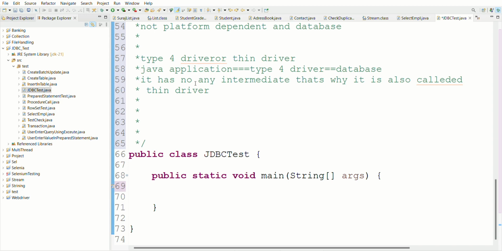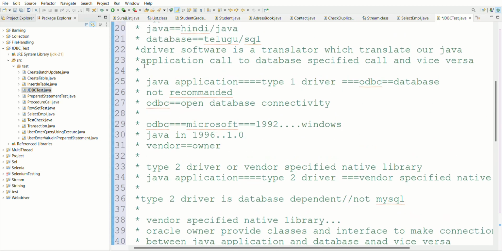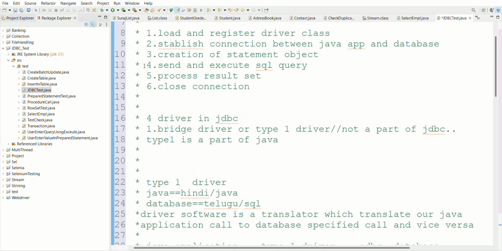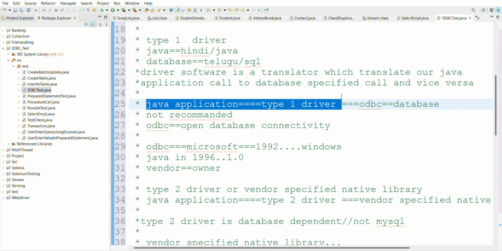Got it? That's why the type 4 driver is known as the thin driver, because here you can see there are only 3 layers. Only 3 things are required: Java application, type 4 driver, database. Now count from the start. Java application 1, type 1 driver 2, ODBC 3, database 4.